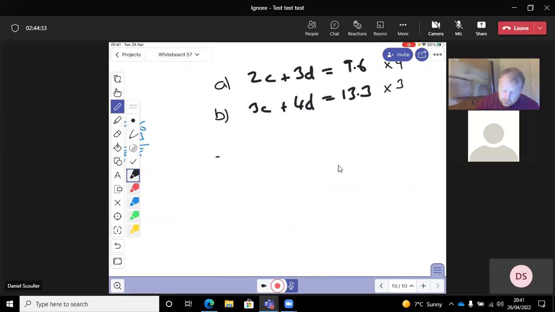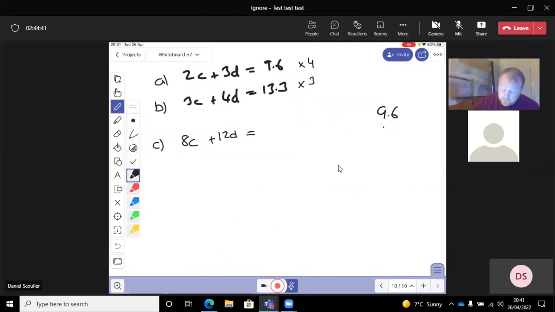Okay, so that would mean 8C plus 12D is equal to 9.6 times 4. Okay, decimal stays in the same place. 4 times 6 is 24, so the 2 carries. 4 times 9 is 36 plus 2, which is 38. Okay, 9C plus 12D is equal to 39.9.